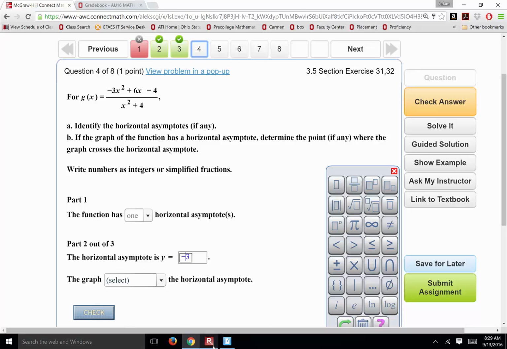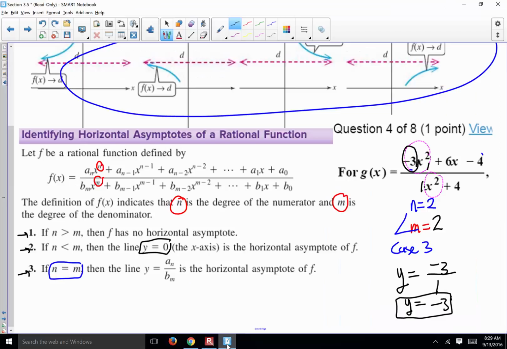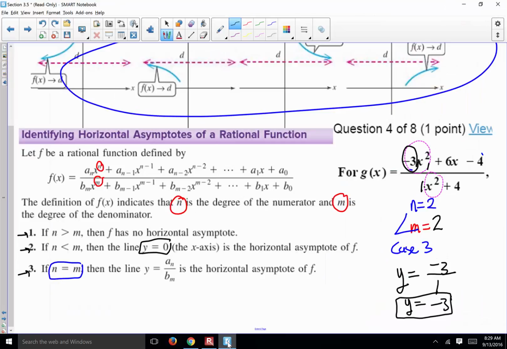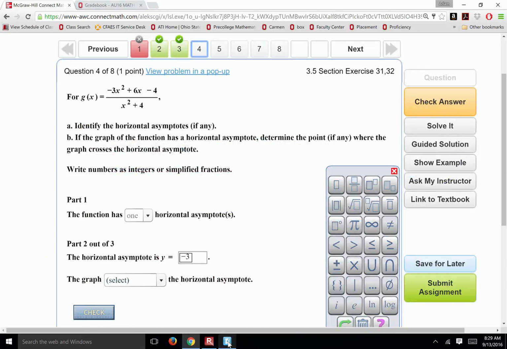What did I do? Oh, I'm solving the wrong question. No, I'm not. It just has two parts. I've got to answer the other one. Oh yeah, I didn't pick that up.